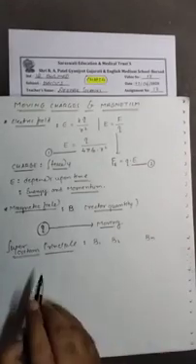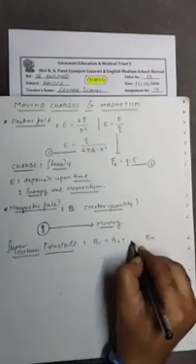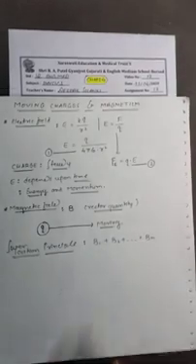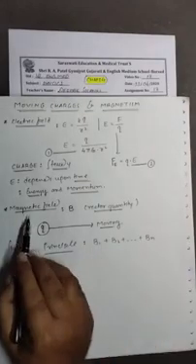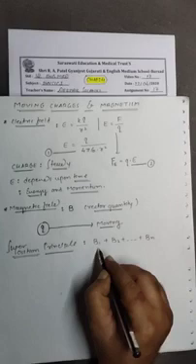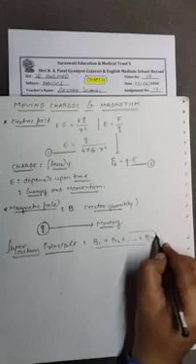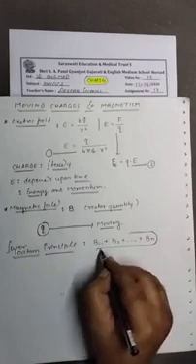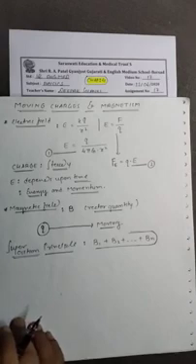So according to the superposition principle, the magnetic field B also obeys the superposition principle. That means when magnetic field is produced by two or more charges, the total magnetic field is the algebraic sum of magnetic fields of individual charges. Clear?